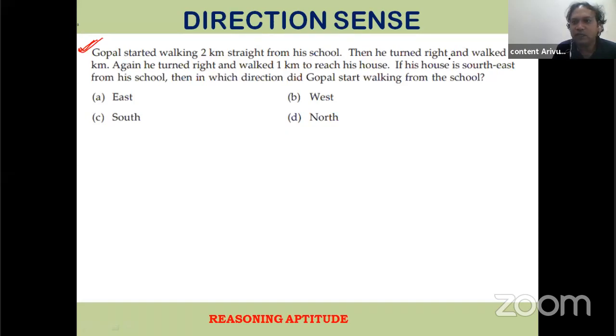Try to make a diagram while solving questions, okay? While solving questions on directions, always use the diagram method.